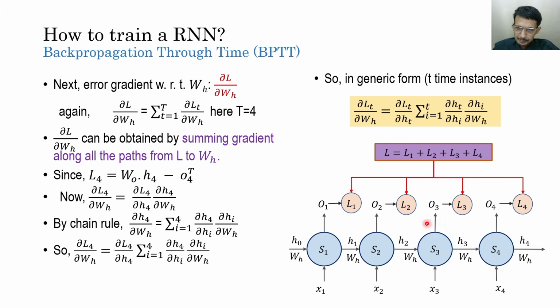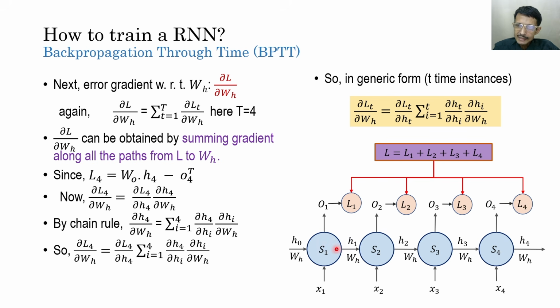If you consider S3, two errors are involved: L4 and L3. For S2, three errors are there: L2, L3, L4. For S1, all four errors are involved: L1, L2, L3, L4.